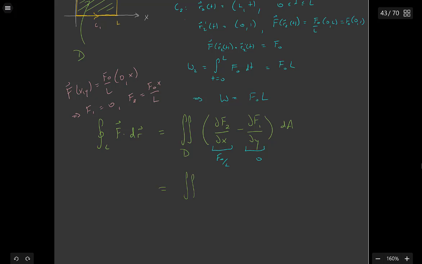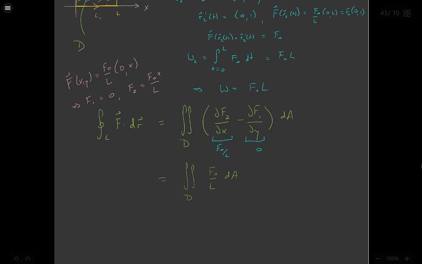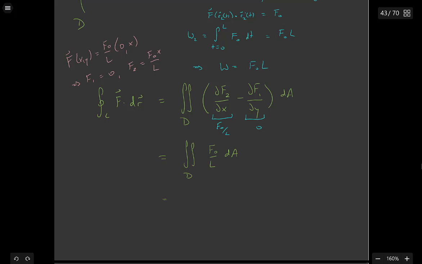So this is equal to the double integral over that square region of F naught over L dA. But F naught and L are just constants, so I can take those out of the integral, leaving me with just an integral of dA over the region D.